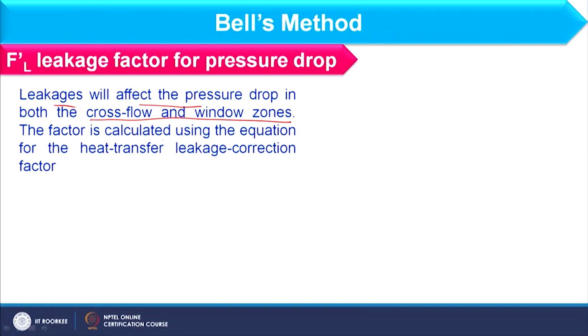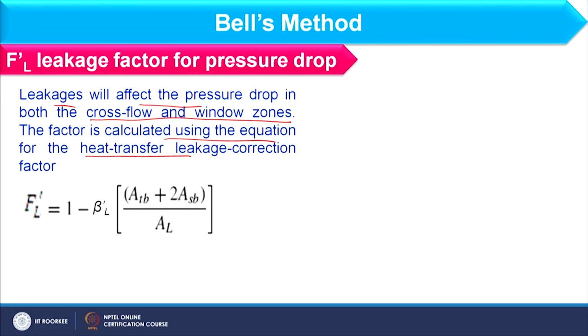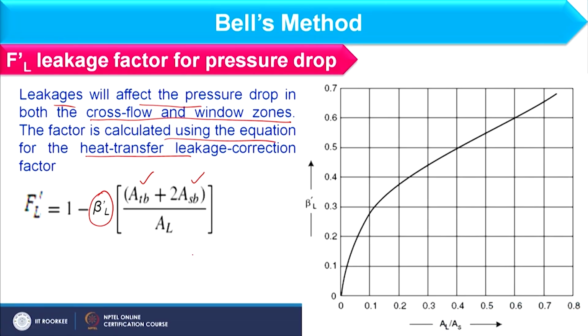The factor is calculated using the equation which we have considered in heat transfer calculation, but here we have a change in the beta L dash value. The ATB and ASB values as obtained in heat transfer coefficient calculation, the same you can use here.